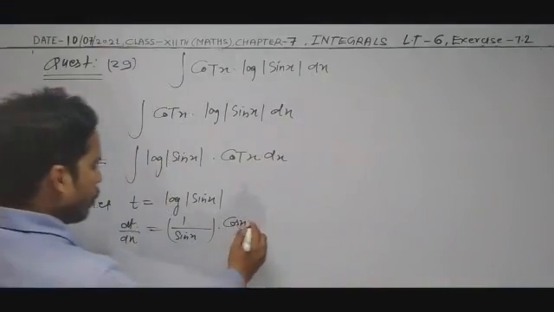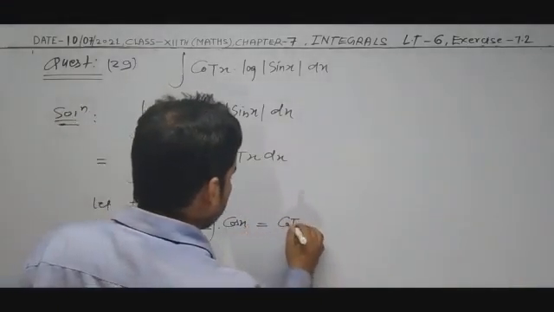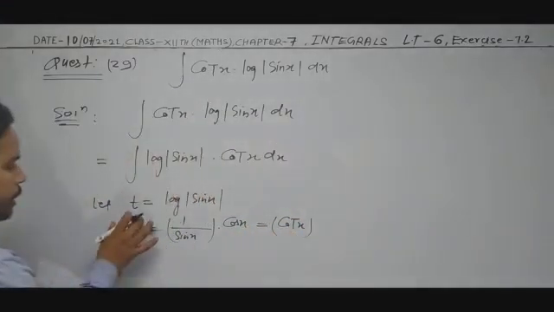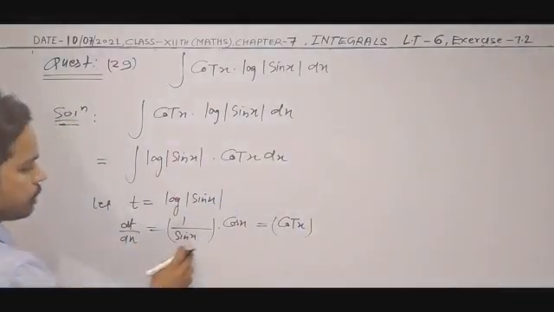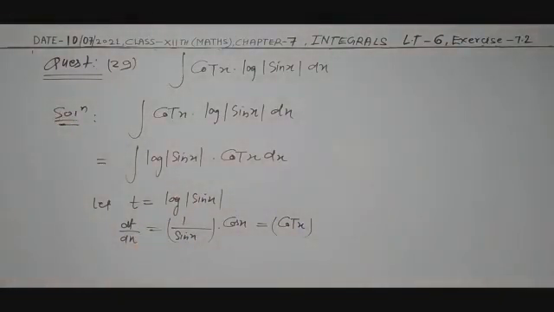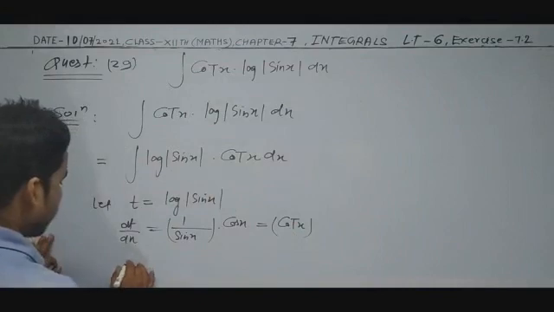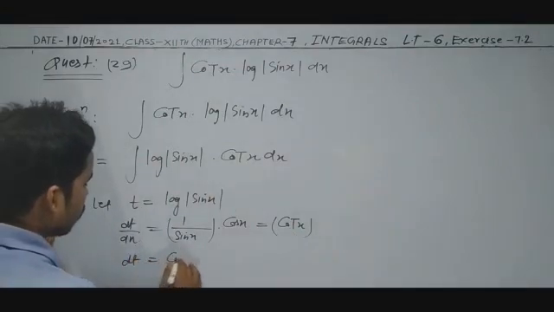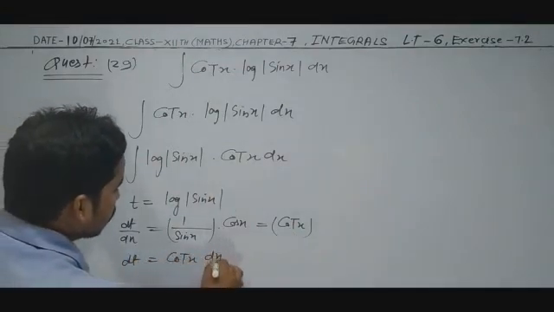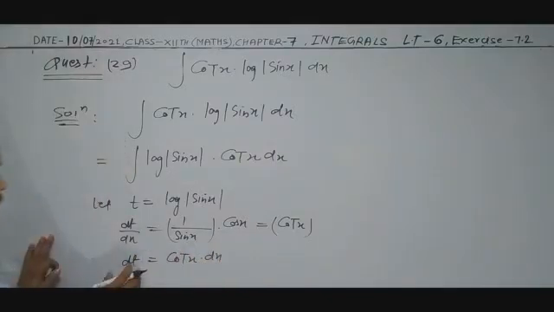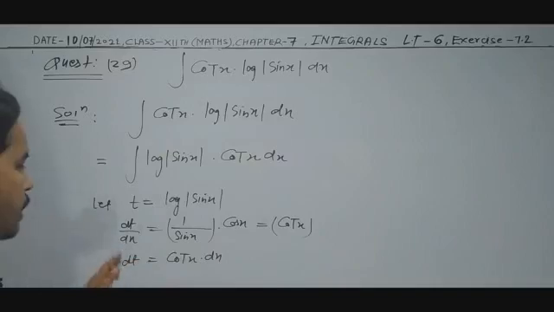So the overall calculation gives cot x. So dt upon dx is equal to cot x, since cos x upon sin x is cot x. And now dt can be written as cot x dx. So this is the exact calculation of cot x dx in terms of t, that is dt.